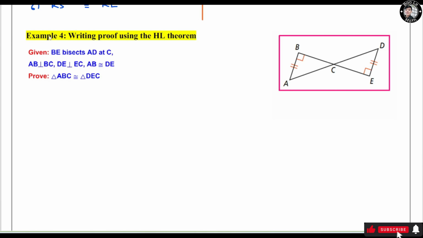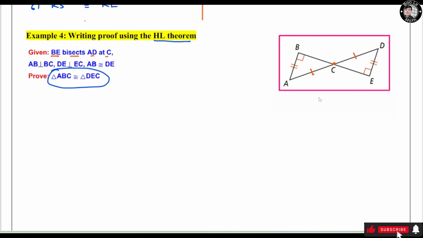Now let's move on to example number 4. Write a proof using the HL theorem. In this situation, I'm going to use the flowchart to prove these two triangles are congruent. Given that BE bisects AD at C, it tells us that AC is congruent to CD.